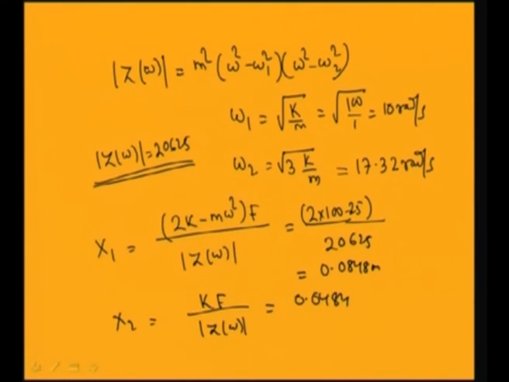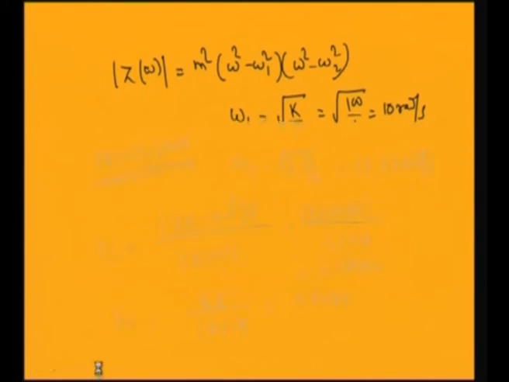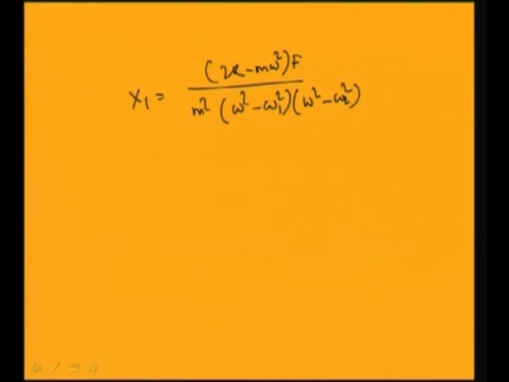From this expression you can write x1 equal to 2k minus m omega square, times F, by m square into omega square minus omega 1 square, into omega square minus omega 2 square, and x2 equal to kF by m square into omega square minus omega 1 square, into omega square minus omega 2 square.